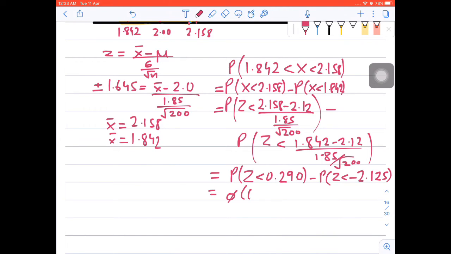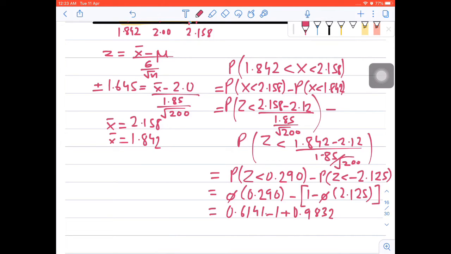This is phi of 0.290 minus (1 minus phi of 2.125). Phi of 0.290 from the normal distribution table is 0.6141, minus 1 plus phi of 2.125, which is 0.9832.